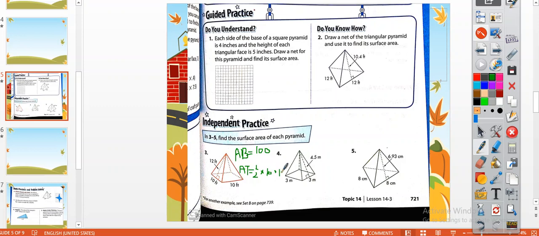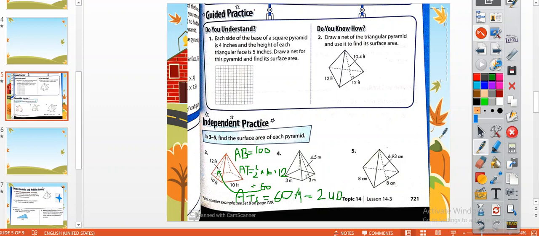The answer is, yes, exactly 60. 60 is one triangle. I have 4 triangles, so the area of the triangles is 60 times 4, which is 240.